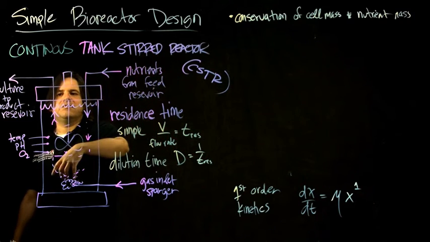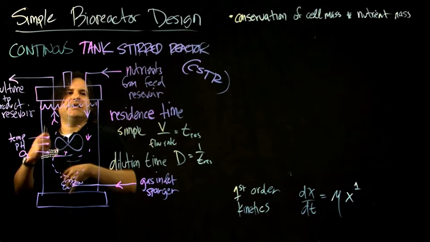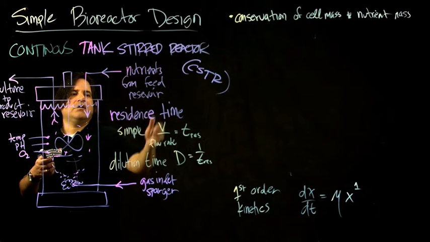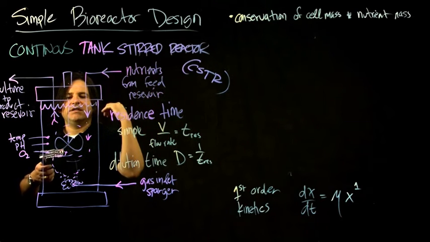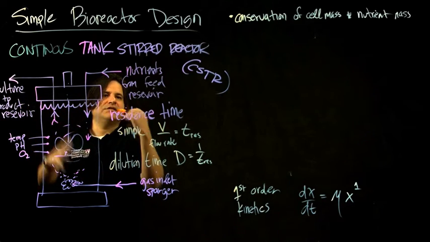There's no new cells coming in, but if you have some starter cells and you reach steady state, the conversion of nutrients to waste is offset by the conversion of cells. So that all balances out.